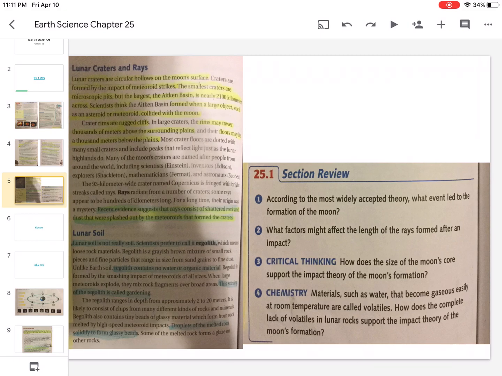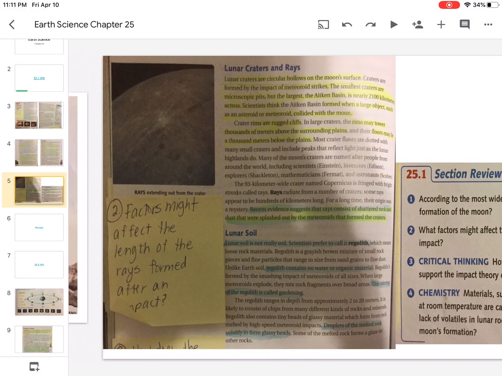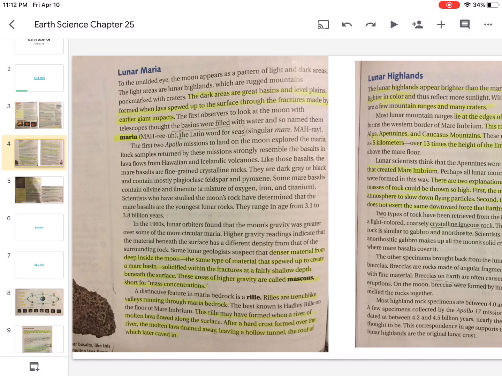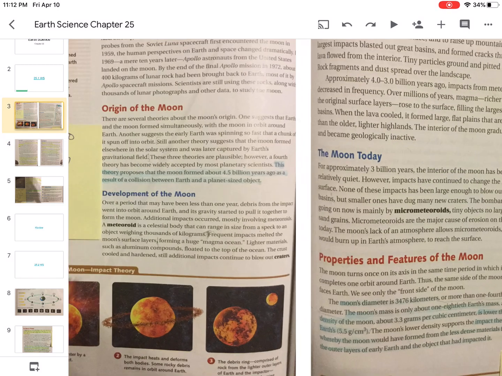Okay, so let's go to critical thinking. How does the size of the moon's core support the impact theory of the moon's formation? We have to go back a little bit.